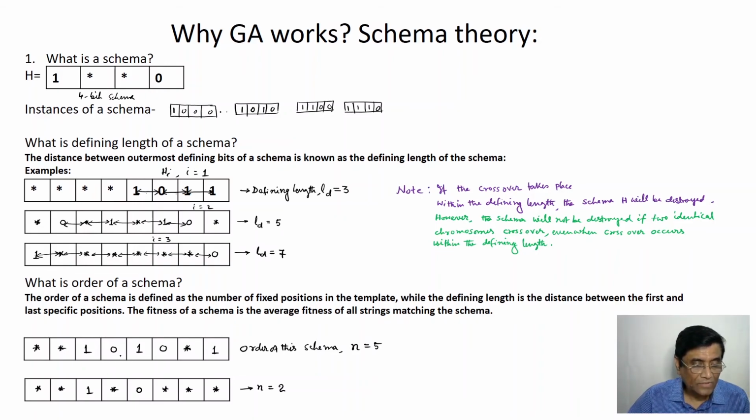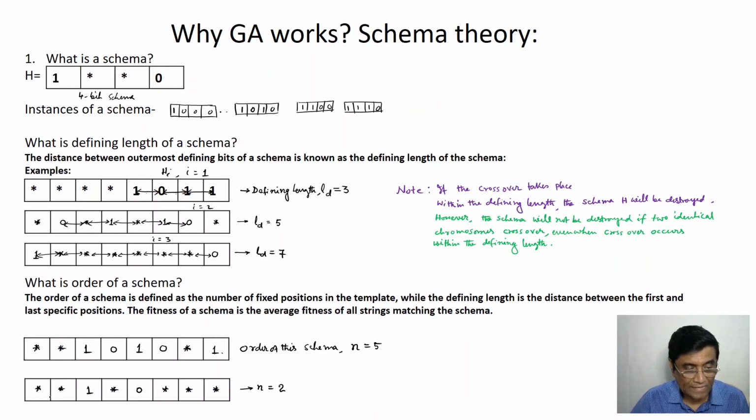So how many fixed positions on the template, how many bits are there? 1, 2, 3, 4, 5. They are fixed. Only the stars are not fixed, right? They can take any value, 0 and 1, in binary coded GA. So the order of the schema will be 5. It is denoted by O equal to 5.